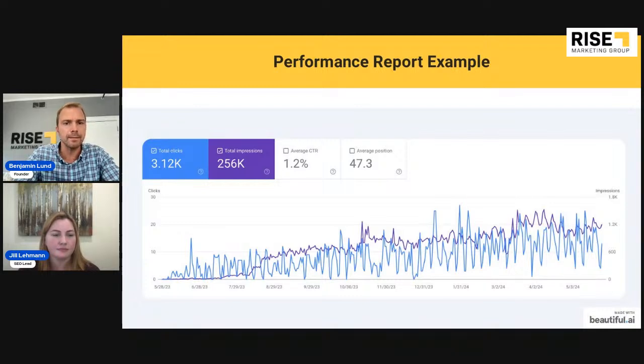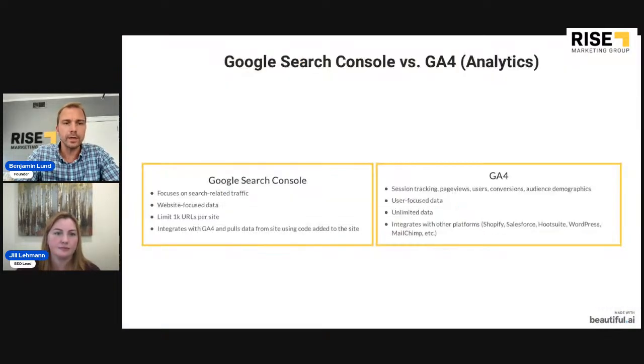Another very common question that I get, Jill, and I know you probably get this all the time, is what's the difference between Google Search Console and GA4? So Google Search Console is focusing more on search-related traffic. GA4 focuses on user behavior and engagement.